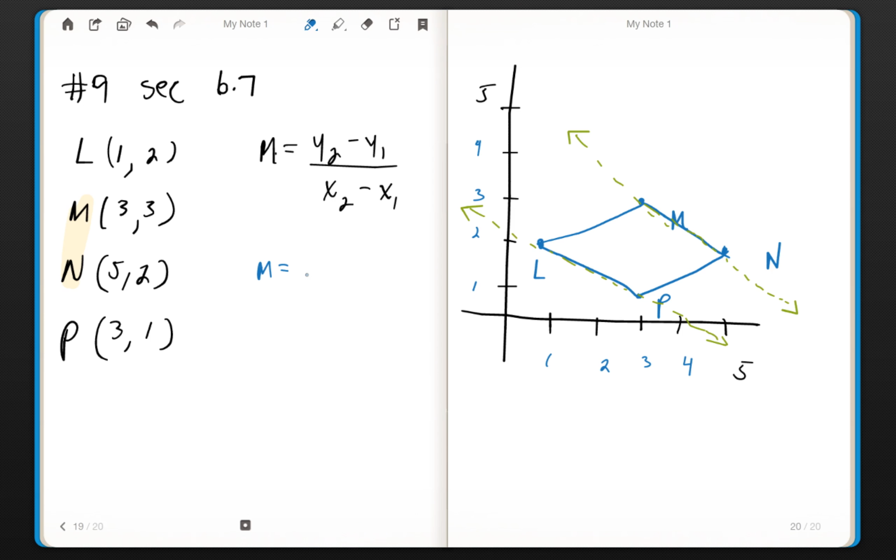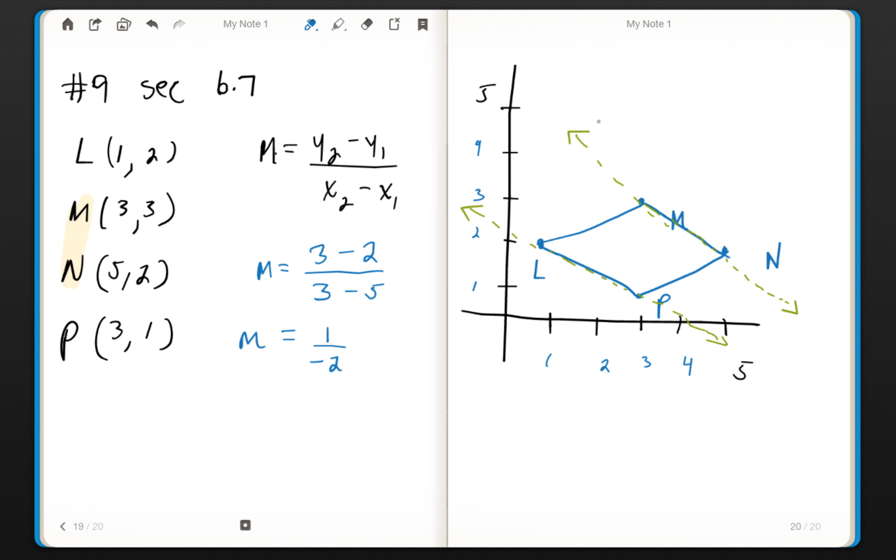Just follow along for the slope between those two points that I highlighted, M and N. Y sub 2, just go 3 minus 2 all over 3 minus 5, right? So that's going to be 1 over minus 2, or minus a half. Now that's the slope of the line that connects the points M as in man and N as in Nancy.